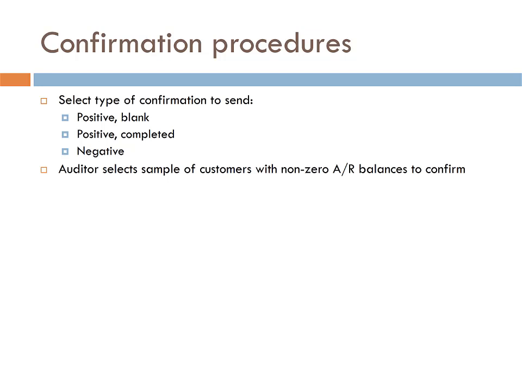If your client has a list of 1 million AR customers or 1,000 AR customers, not all of them are going to have balances, right? So we're only going to isolate the ones with non-zero balances, and then we're going to randomly select a sample of those non-zero AR balances that we want to confirm.